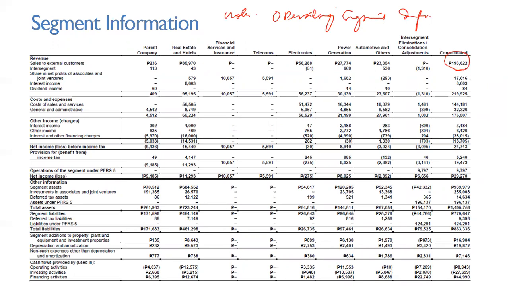So yung 193 specifically 236 dyan ay revenue ng Ayala Corp itself. 85,970 dyan revenue ng real estate segment. 56 dyan ay net income galing sa electronic segment, etc. So it gives you an indication of sino ang driver ng isang consolidated business. So it's good to analyze this aside from the usual financial ratios that you are computing.